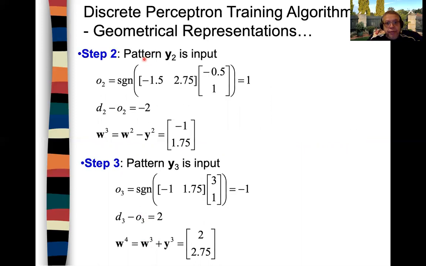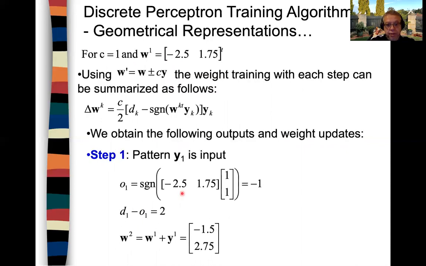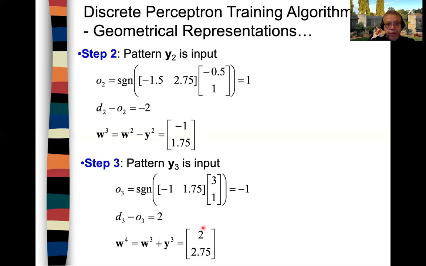Now, if I do the same thing for pattern number 2, I would have O2 equal to the sign of my old weight, [-1.5, 2.75], times my second pattern, which is [-0.5, 1].